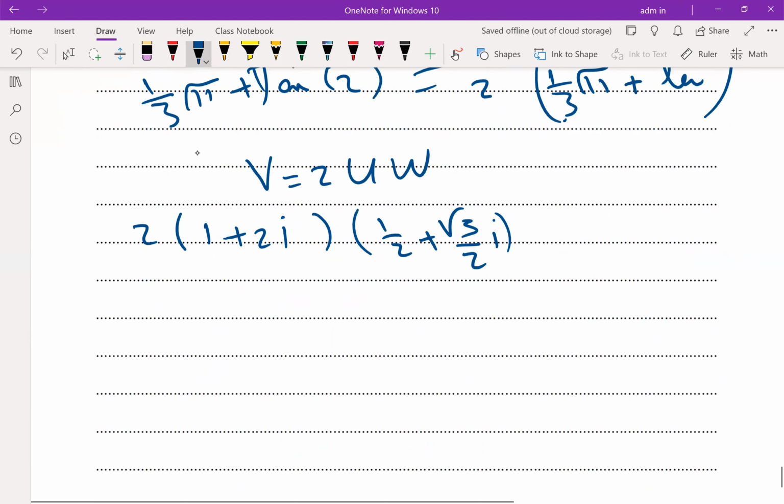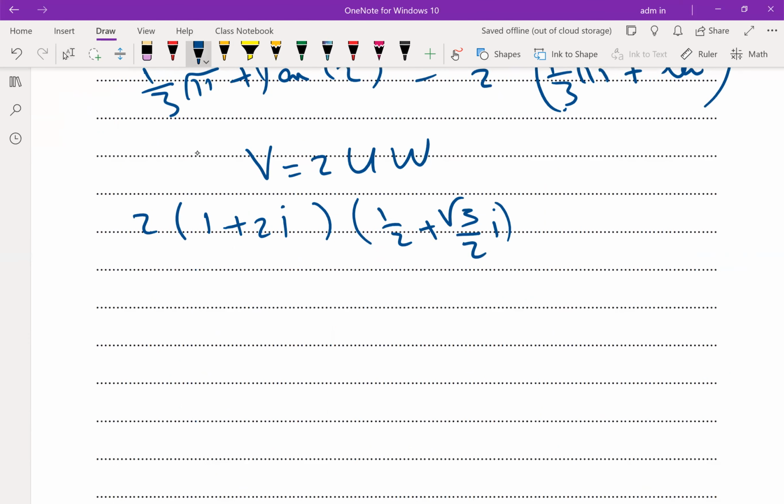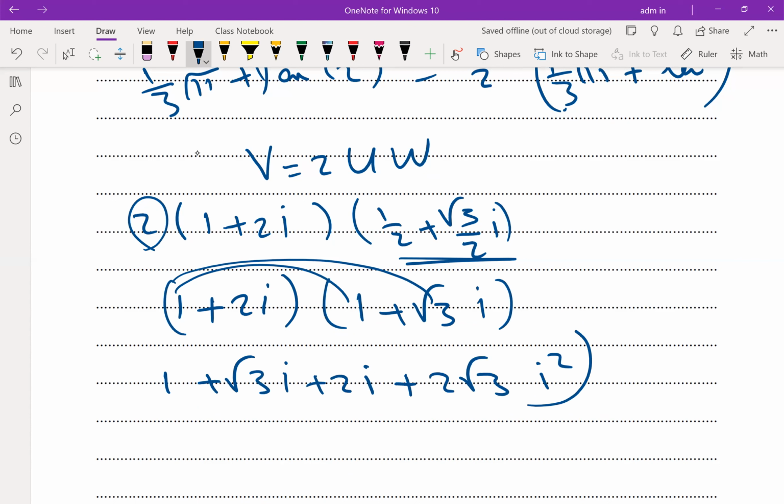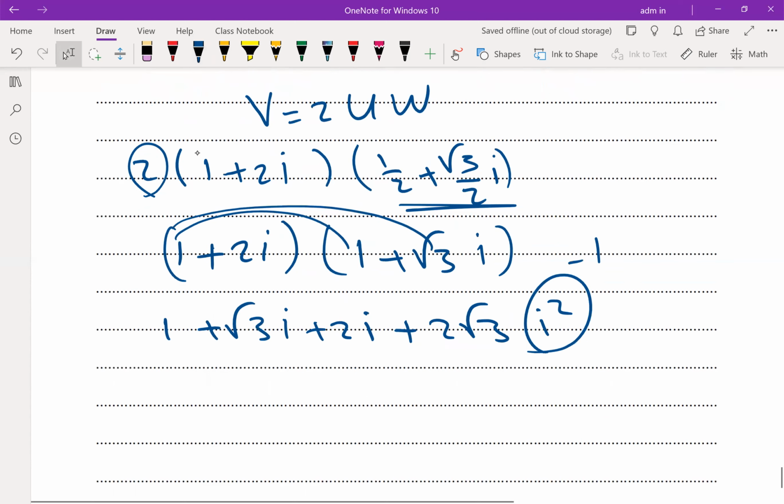Now, if you expand and simplify, keep the first one, 1 plus 2i. When you multiply 2 by the second number, cancel the 2, and it will be 1 plus root 3 i. Then multiply, expand, simplify: 1 plus root 3 i plus 2i plus 2 root 3 i squared. i squared is equal to minus 1.